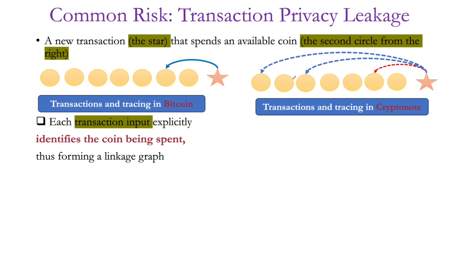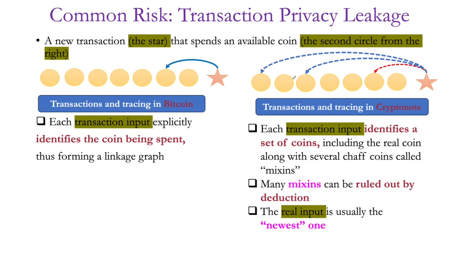In this case, a new transaction spends an available coin, that is the second circle from the right here. Each transaction identifies a set of coins and includes the real coin along with several chaff coins, called mixins here. Many mixins can be ruled out by deductions, since users may use the output of zero-mixin transactions.